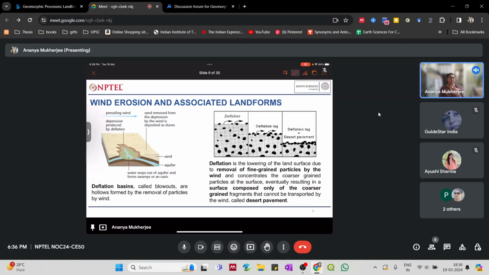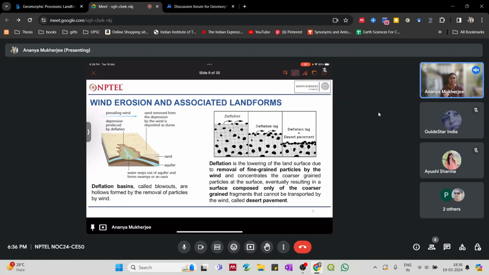Some features that develop due to large scale erosional processes by the wind are called deflation basins or blowouts. So these are hollow depressions where the entire area is made up of finer sediment particles itself, but due to the wind, a hollow depression is created, because on the surface all these finer grain sediments have been carried off by the wind.